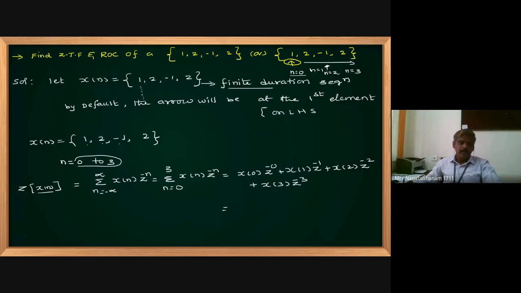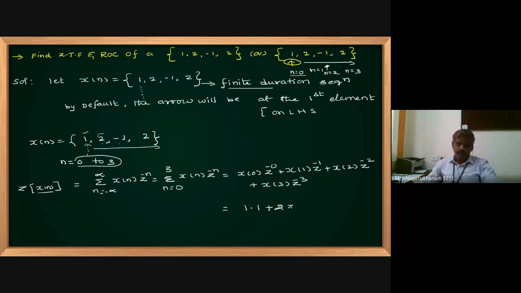When n equal to 0, x of 0 is 1, and z power 0 is 1. Plus x of 1: moving towards the right side, n increases, and when n equal to 1, x of 1 is 2.